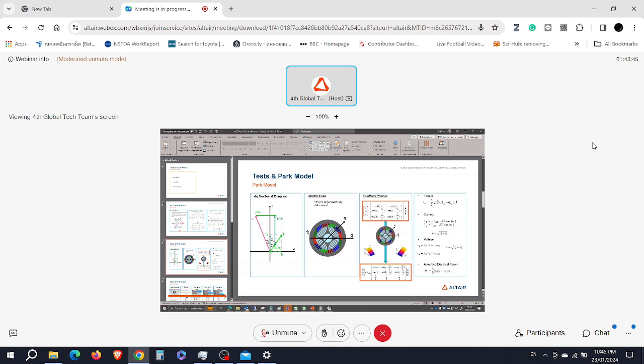So in Flux Motor, we always use the same strategy, mixing finite element and analytical formulas. The analytical formulas are used to compute the winding, the resistance, and for the Park model.